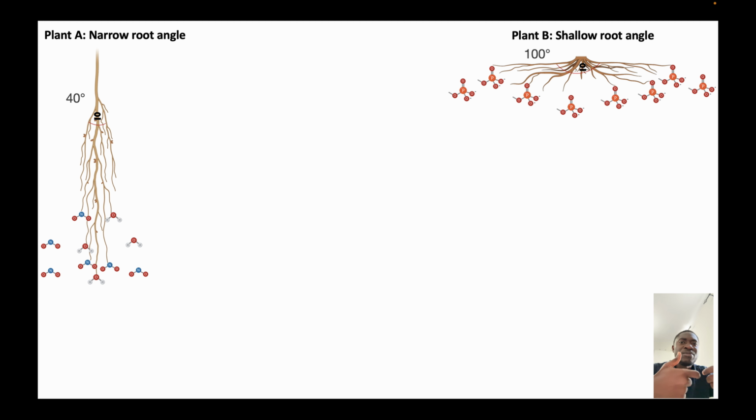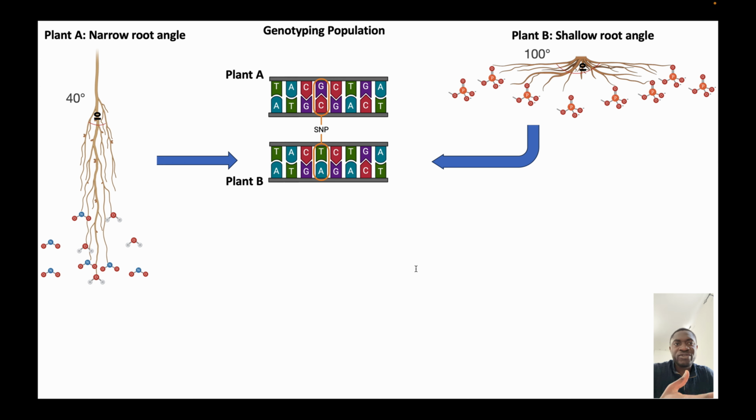When I say phenotype, I mean I would measure the angles. For instance, plant A has an angle of 40 degrees, plant B has an angle of 100 degrees. I'm going to measure all the angles for all the lines in the panel just like this, and that becomes my phenotypic data.